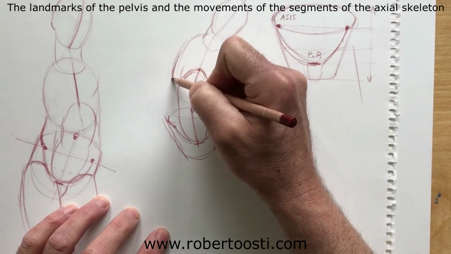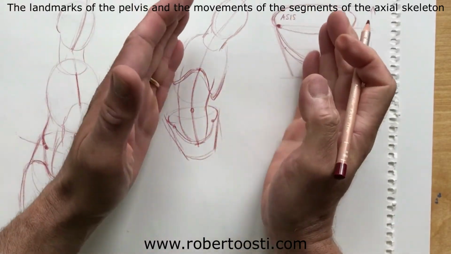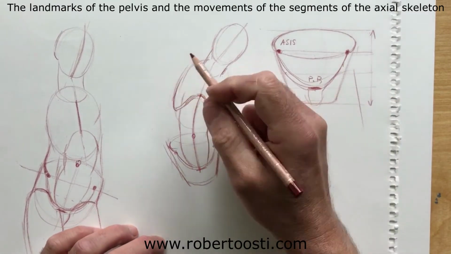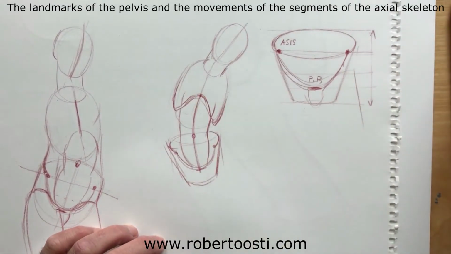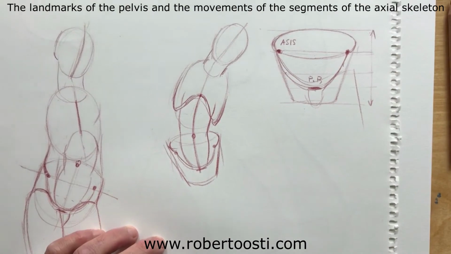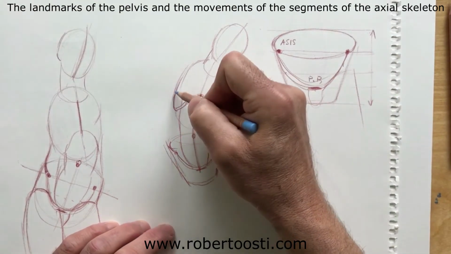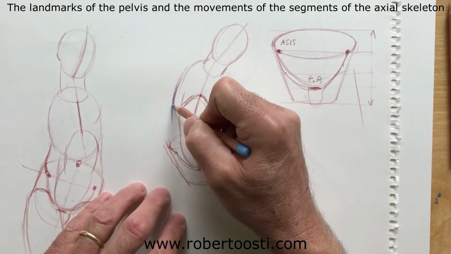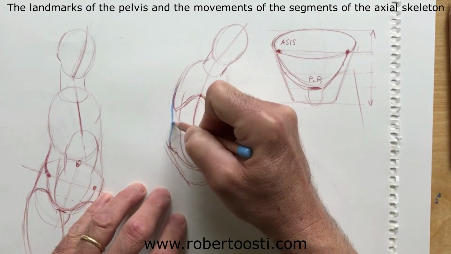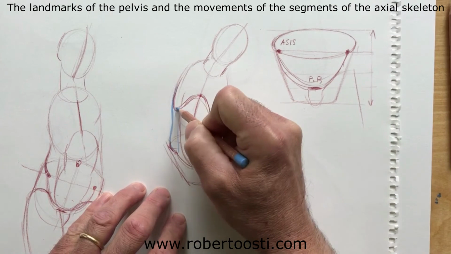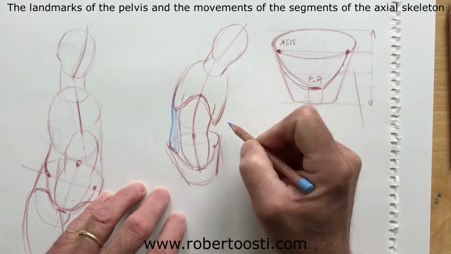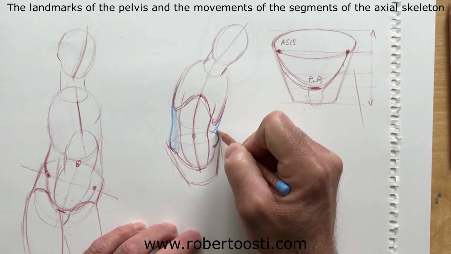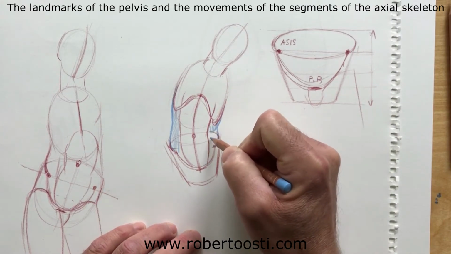So what happened is, on this side in here, as I lean, in this case, to the right, the muscles, let me see if I can get another color just to make it festive. So here, this external oblique muscle is going to be stretched. But the external oblique in here is going to be compressed.